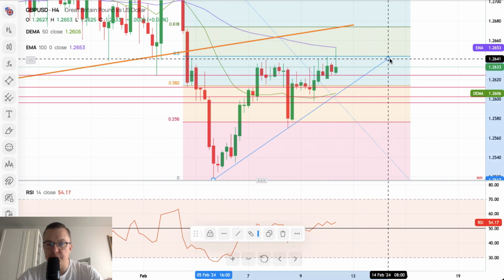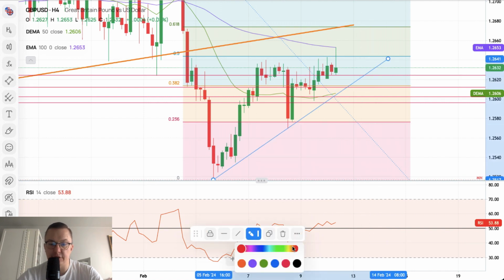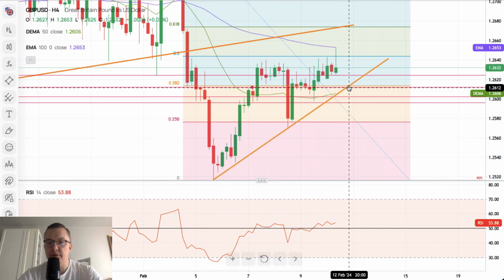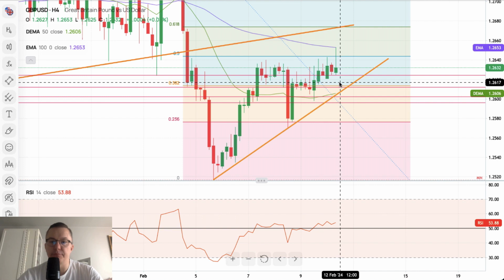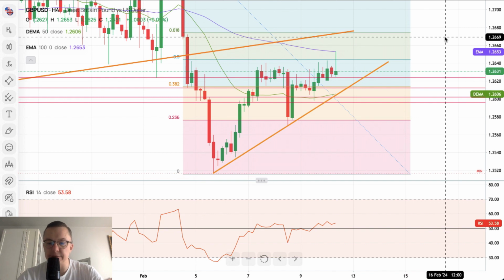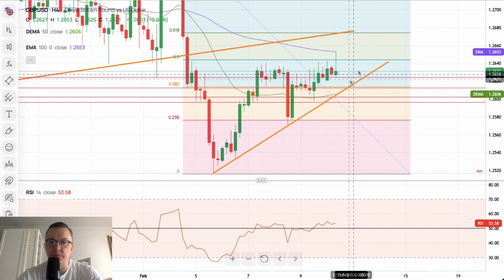So ABC correction might be the one that is right now being produced on the 4-hour time frame chart of the British pound. Let me just make a short-term trend line support. Any breakout below the short-term trend line support would eventually trigger the down move as well, and extend the down move, right?